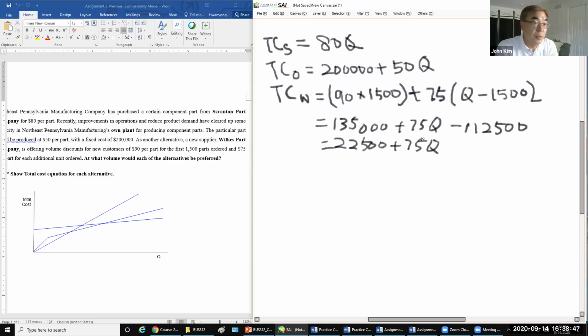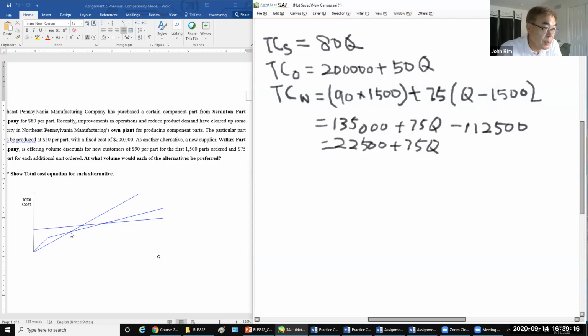So there are three options: TCS, TCO, TCW. Usually there are three crossing points here, here, and here. Say again, the middle point doesn't matter, just the left and right.